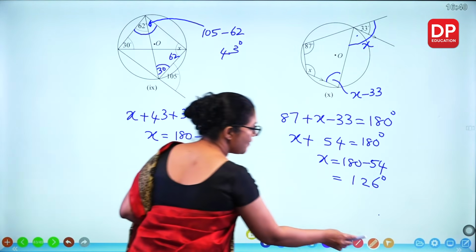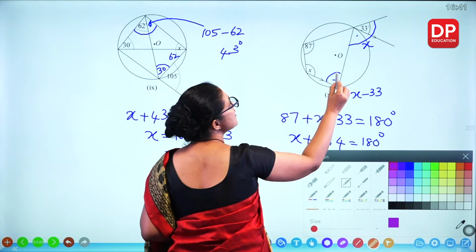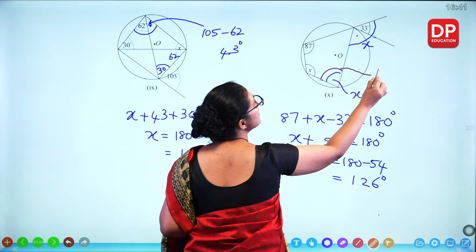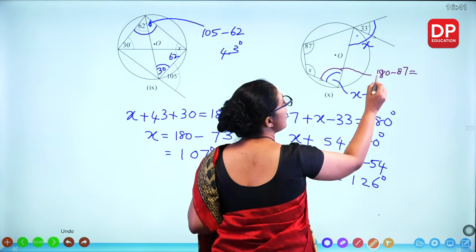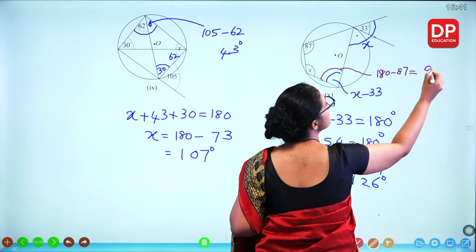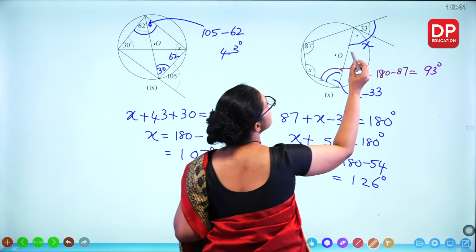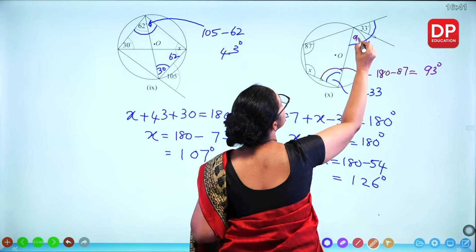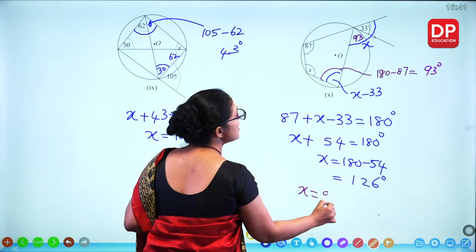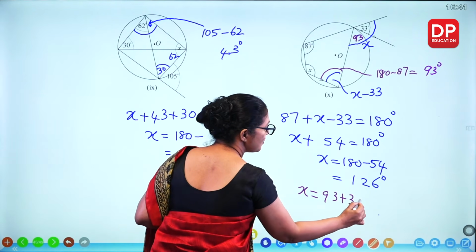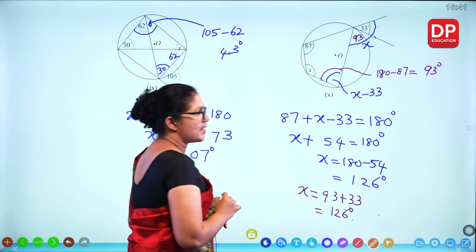Now there's an easy way also to do this. If this is 87, what's this angle? 180 minus 87 is 93. This is 93. That means this is also 93. So what is x? x equals 93 plus 33, 126.